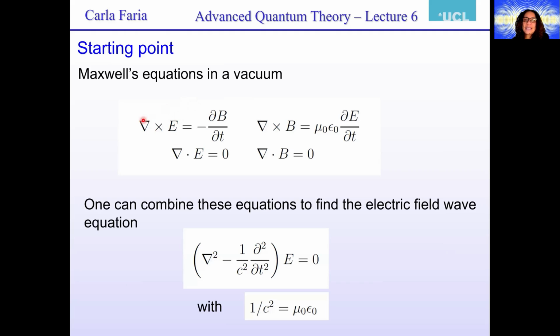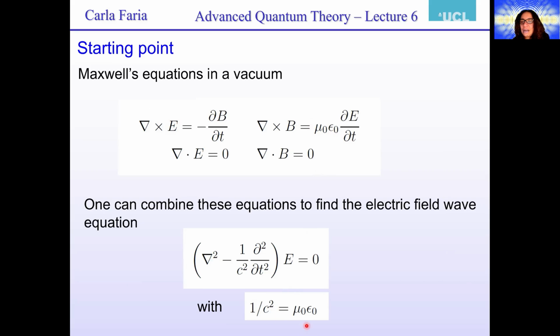You are going to be able to show that the equations can be combined, and you can find a wave equation, which is given this way, and it's giving you how an electromagnetic wave is going to propagate in the vacuum. And here 1 over c squared, where c is the speed of light, is this mu naught epsilon naught.